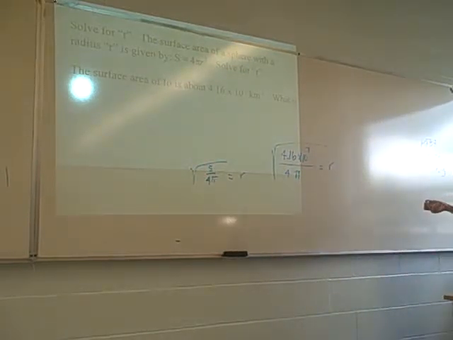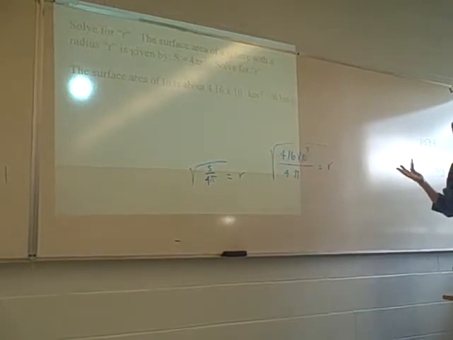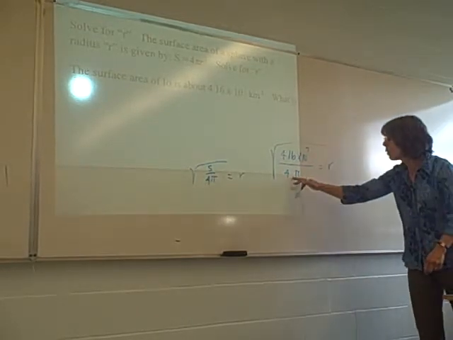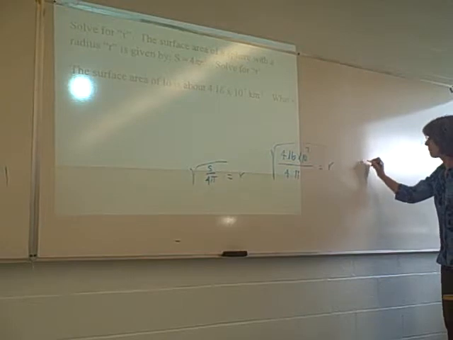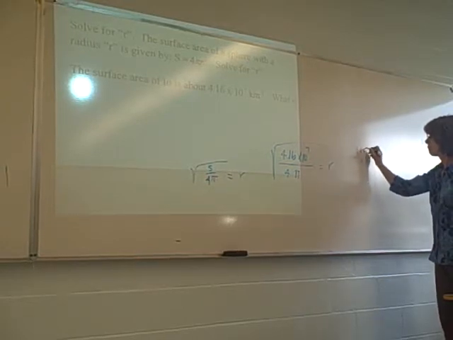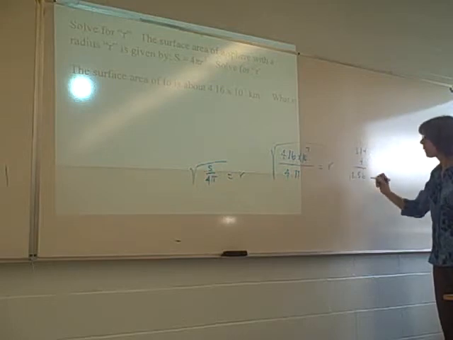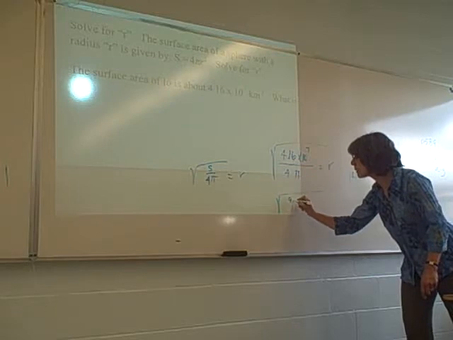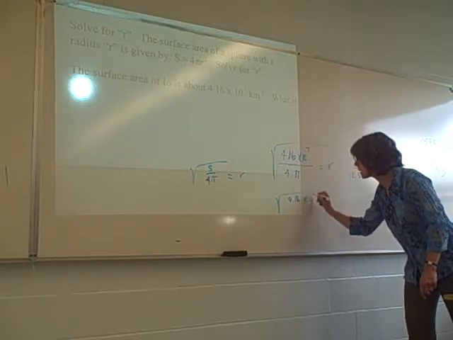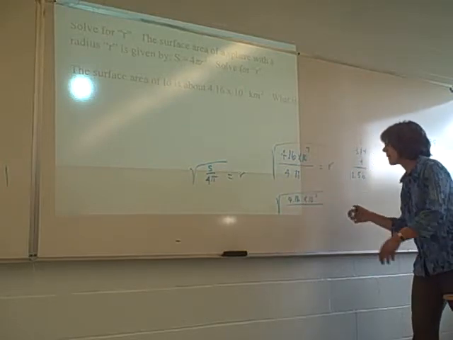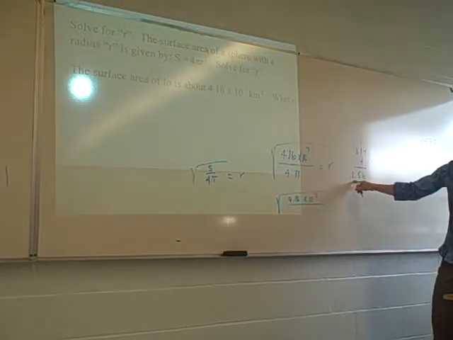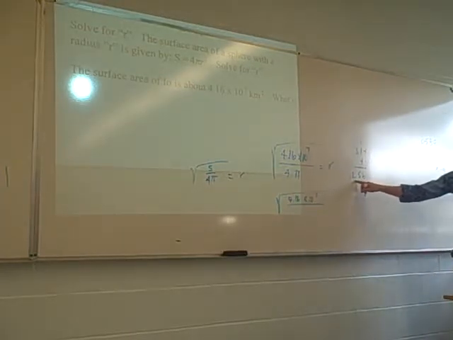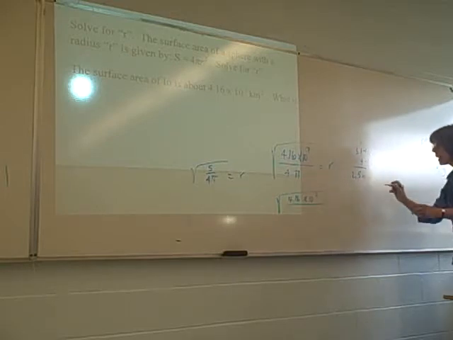You could have done this a couple of different ways. What is 4 times pi? About 12.56. Two ways to have done this. Could I have written 4.16 times 10 to the 7th, and is this in scientific notation right now? No. Now think about it.